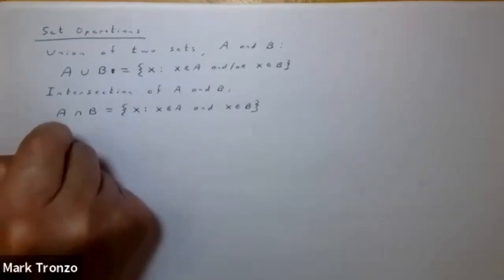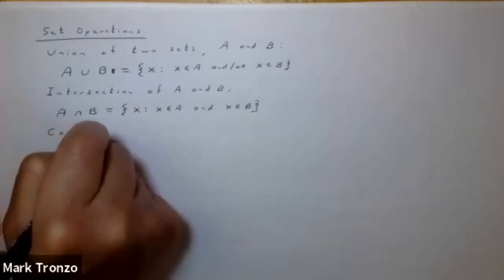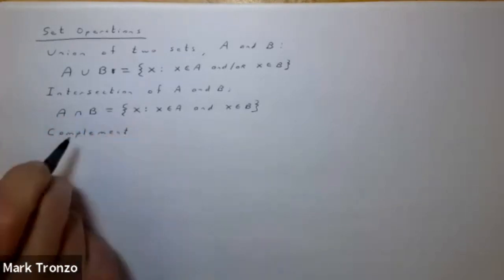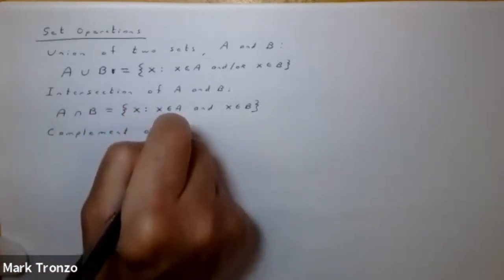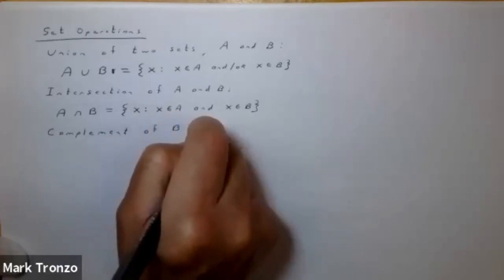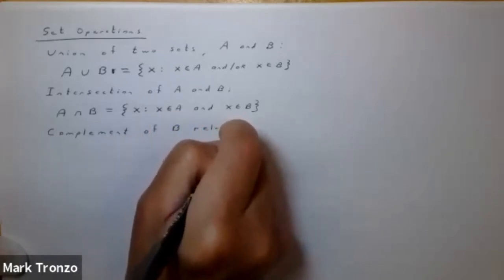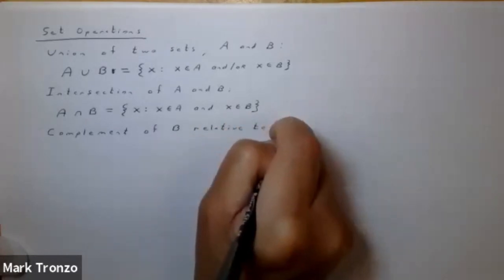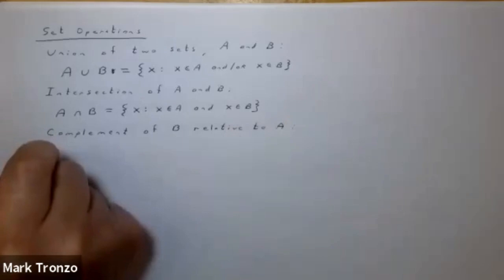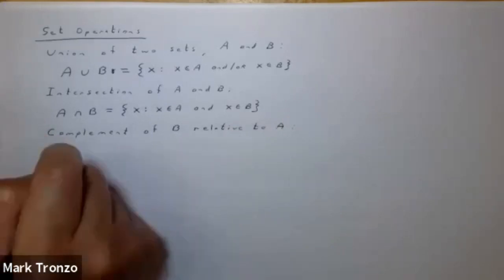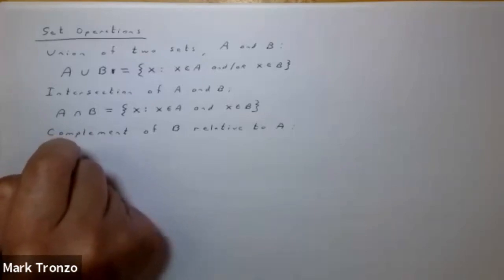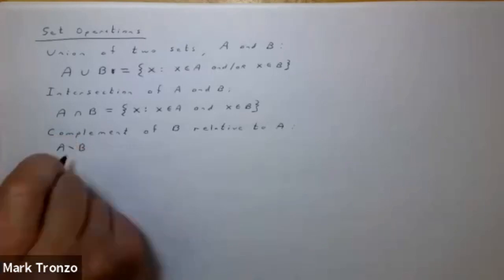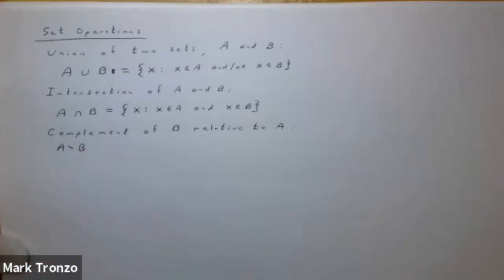And the complement, with an E instead of an I here, I guess, of B relative to A is written A, and then a slanted B. You've got to think of it as sort of a slanted minus, maybe a little bit longer.